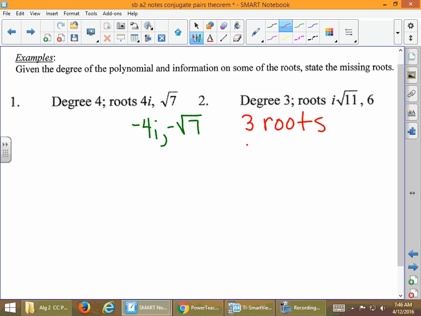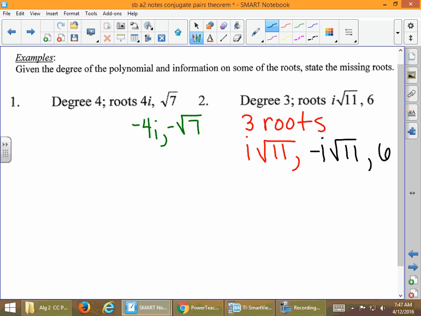One of them that we're given is i radical 11. If we have an i, or we have a radical, what do we also have in terms of a root? We're going to have the opposite of that. Now, the thing not to change is the 6.